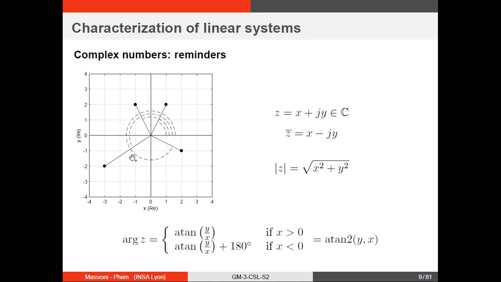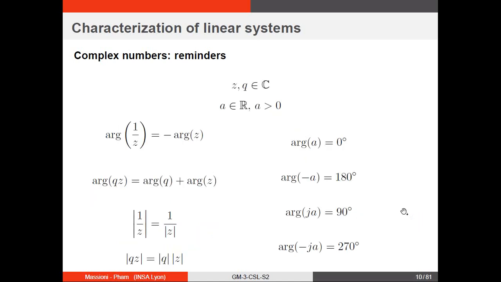So that's why we have to be very careful when computing the argument of a complex number to check whether the real part is positive or not, as written here in this formula. Most calculators or computers have a function that does this for you, and it's called atan2 in most cases.